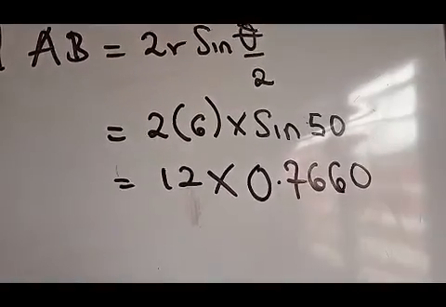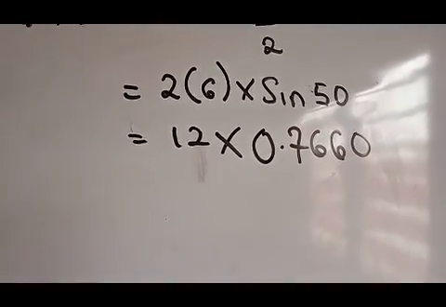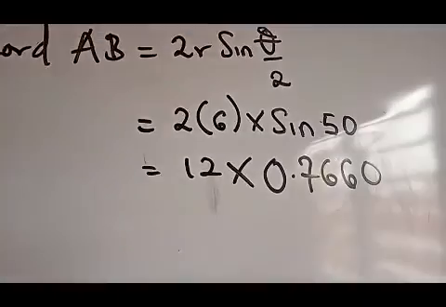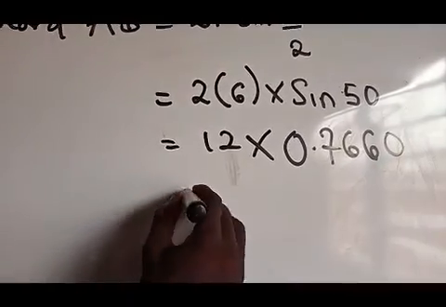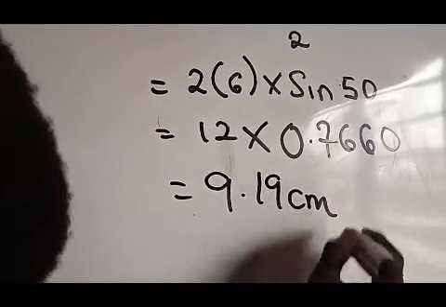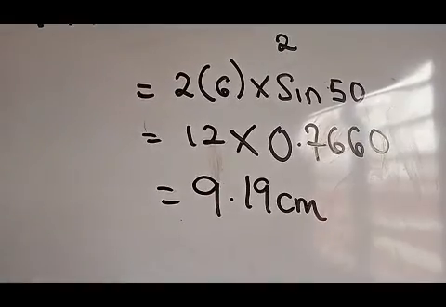If you punch your calculator, sin 50 will give you 0.7660. And if you multiply 12 by 0.7660, it will give you 9.19 centimeters. So this is the answer you are going to have for this question.